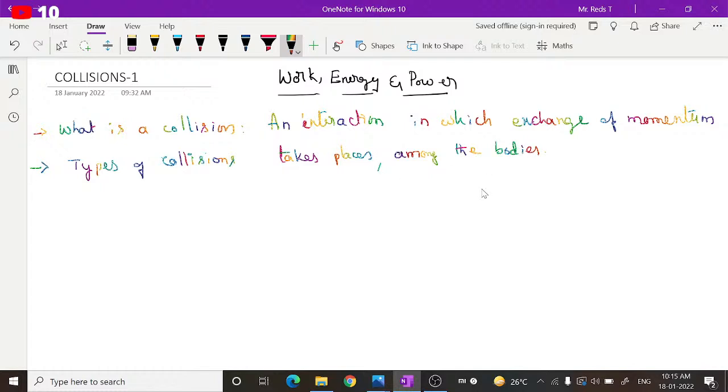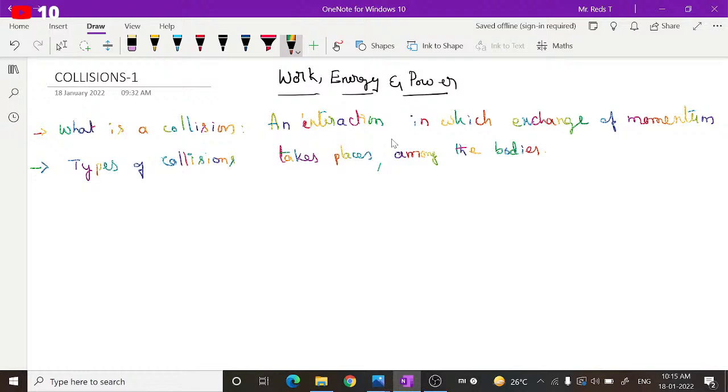You can form the sentence as you like. Briefly, a collision is an interaction in which exchange of momentum takes place.